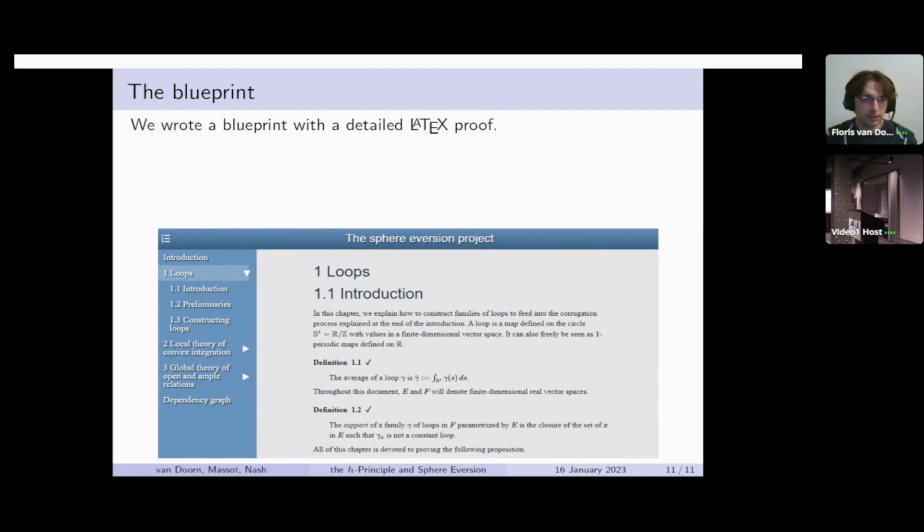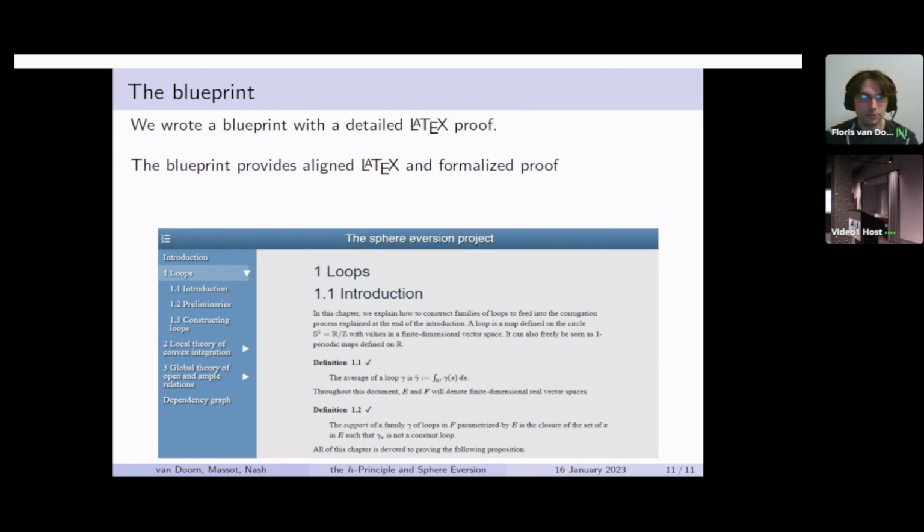This is a technique that is used also for some other big formalization projects. And what was interesting was while we formalized, we sometimes tweaked the statements of lemmas a little bit, or we changed the proof, and sometimes we even noticed that some lemma was not quite strong enough to do the next step of the proof. And so we updated the blueprint while formalizing.